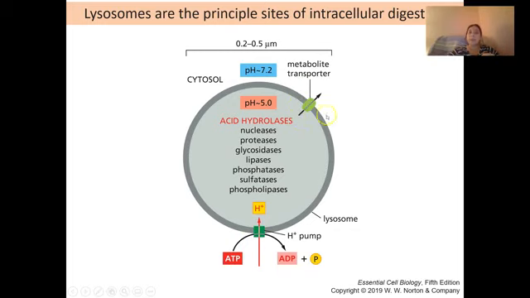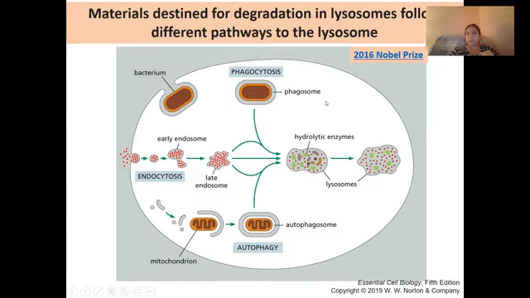And then there will be a lot of metabolite transporters that are going to take out the products that these will produce after the breakdown of different things that come into it. Some of this stuff can be recycled. Nucleotides can be recycled, amino acids can be recycled. So anything that can be recycled will be taken back out through the metabolite transporters.